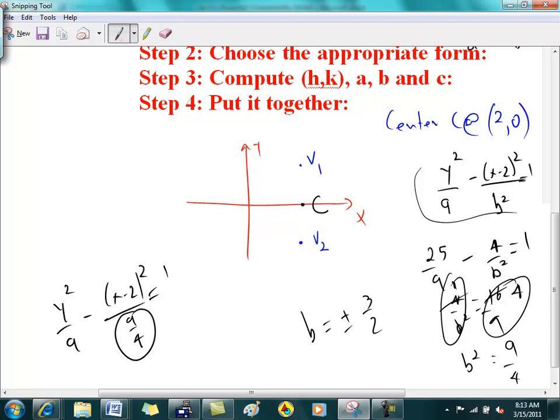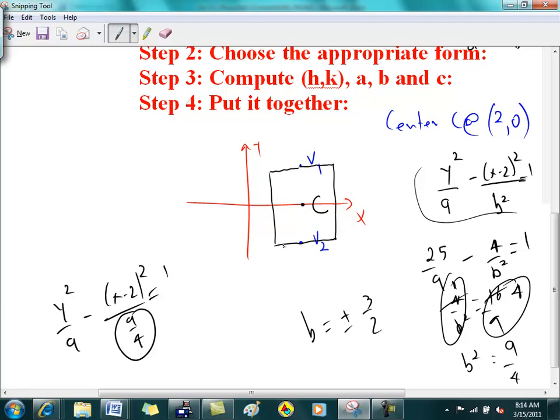What you do is, from the vertex V1, you're going to go 3 over 2 units this way, and then 3 over 2 units that way. You're going to do the same thing here, 3 over 2 units that way, 3 over 2 units that way. You will get a rectangle there.